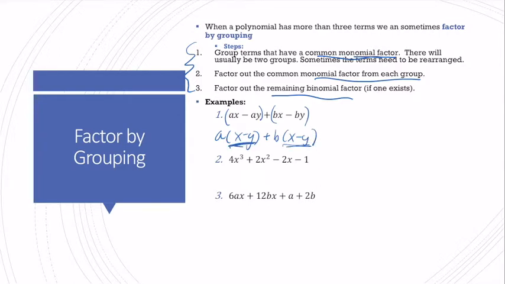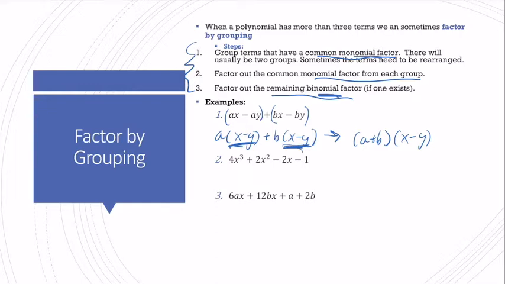Now you can see that the remaining binomial is the same, right? So I'm going to factor out that binomial factor and rewrite this as a plus b times x minus y.